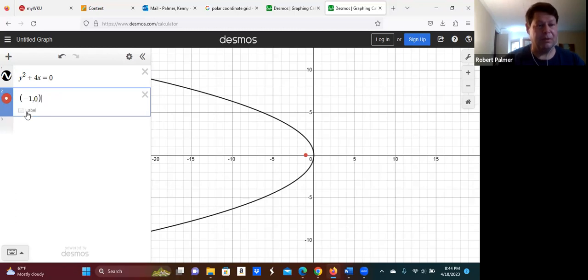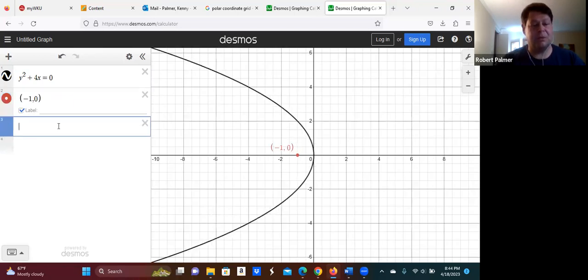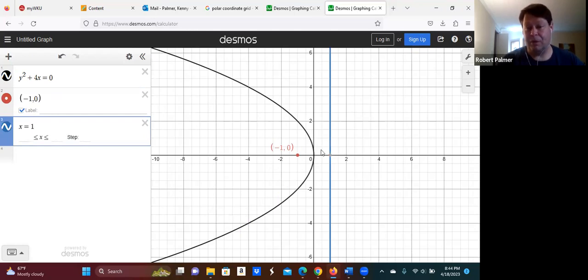We can label that point. Let's zoom in a bit so we can see it better. And then our directrix is x equals +1. In fact, the distance from the focus to this part of the parabola goes up 4 steps, and then it's 4 steps from there to the directrix, so that makes sense.